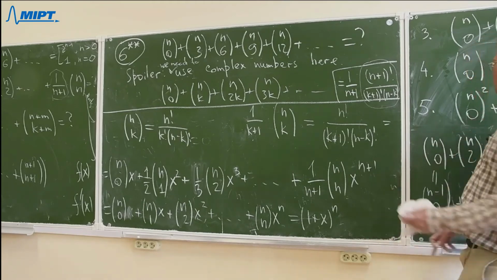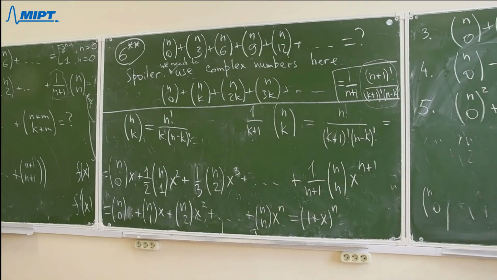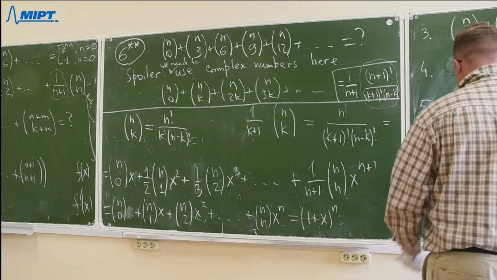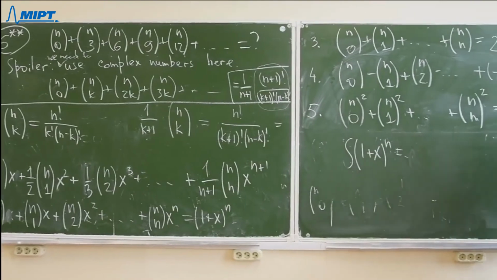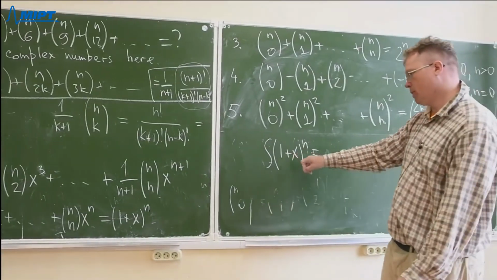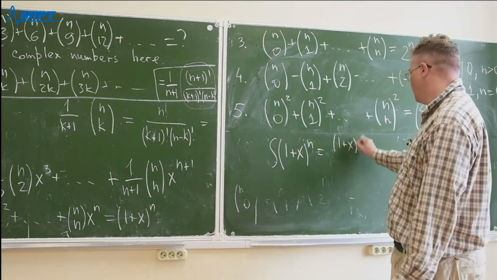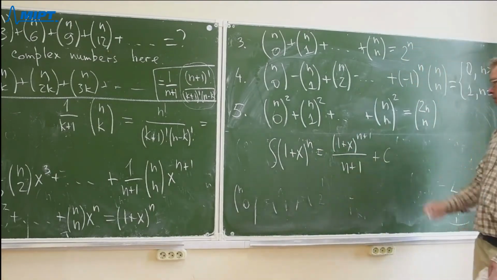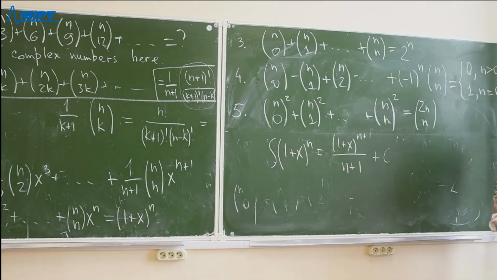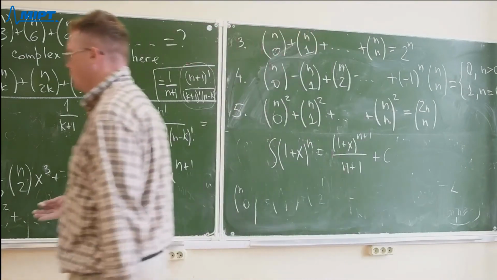If you know how to calculate the integral, then you know that the integral of 1 plus x to the nth power is 1 plus x to the n plus 1 over n plus 1, plus some constant. And so all we need to do is find this constant.